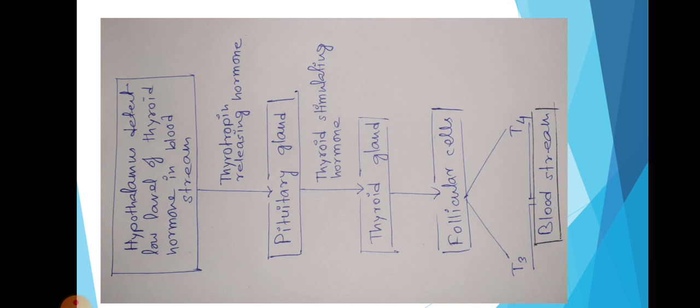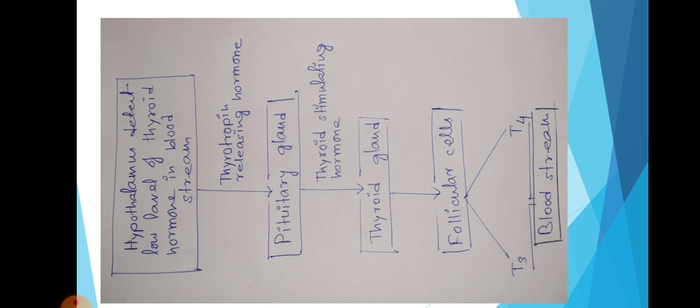After being secreted from the thyroid gland, these T3 and T4 mix with the bloodstream. Okay, and it is also seen that T4, known as thyroxine, gets converted to T3 some time after its secretion from the thyroid gland.